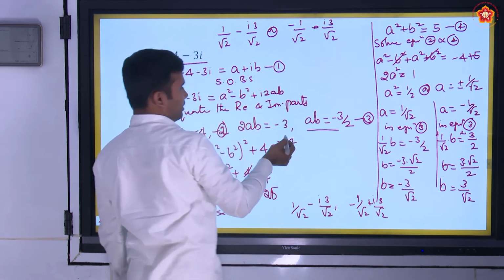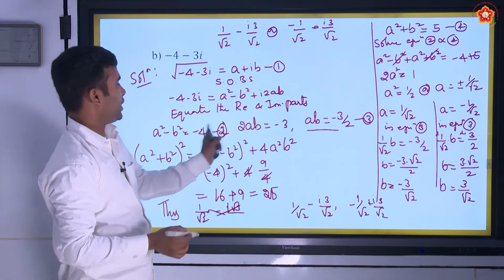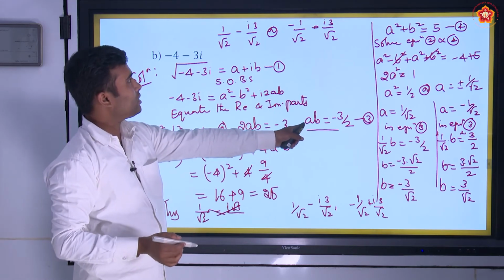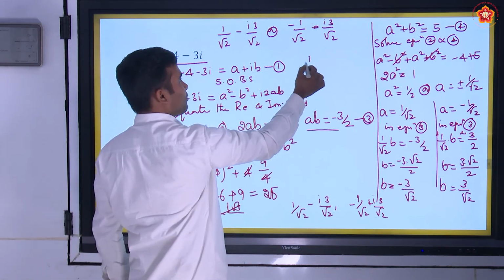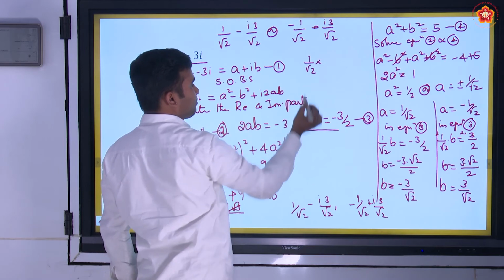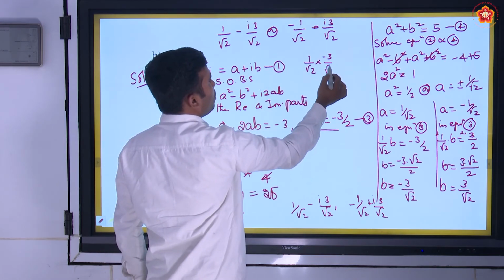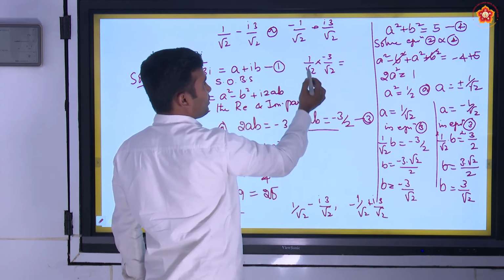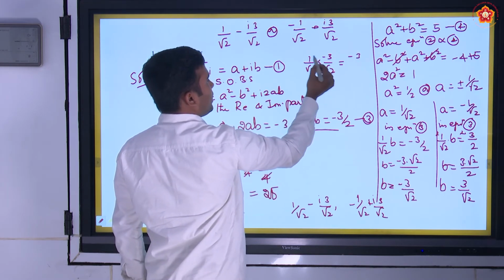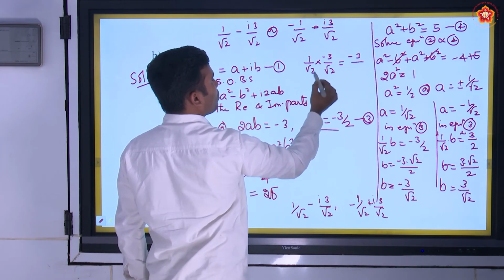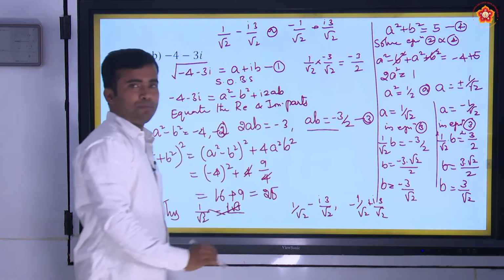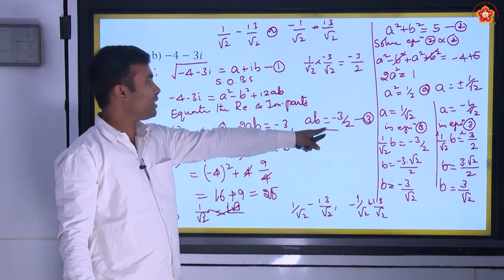Now you can check with these two equations. If I write a is equal to 1 by root 2 into b, which is minus 3 by root 2, what is this equal to? Minus 3 into 1 is minus 3, root 2 into root 2 is 2. Minus 3 over 2. Hence the equation is satisfied.